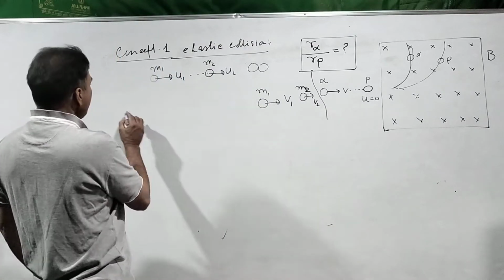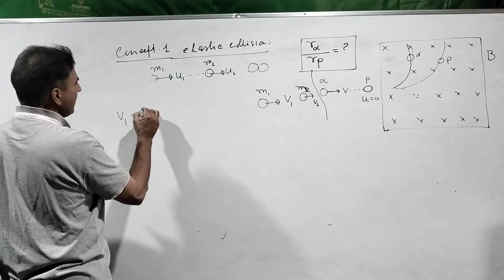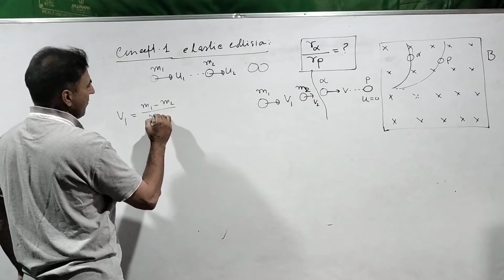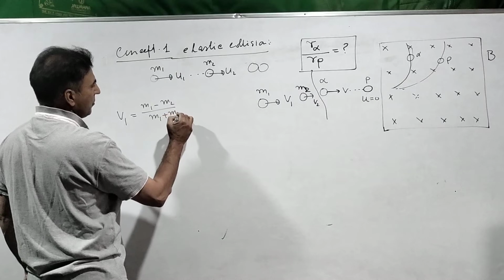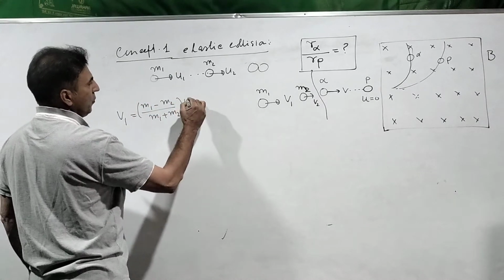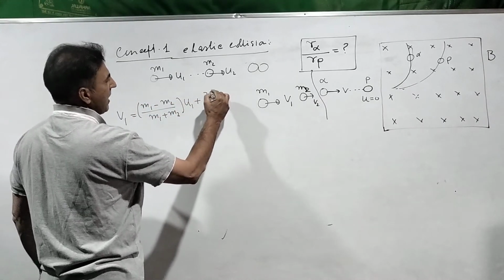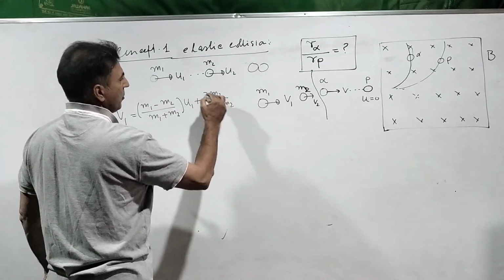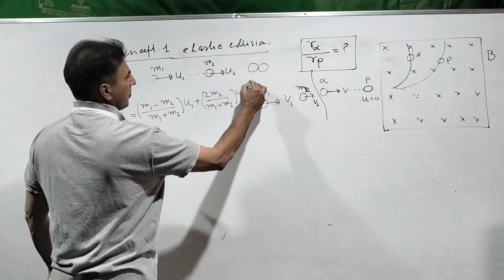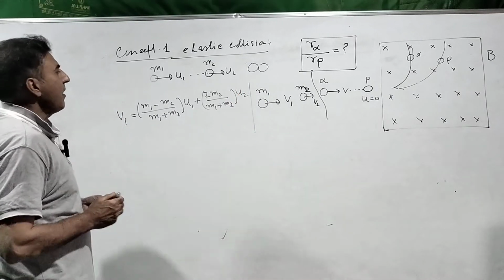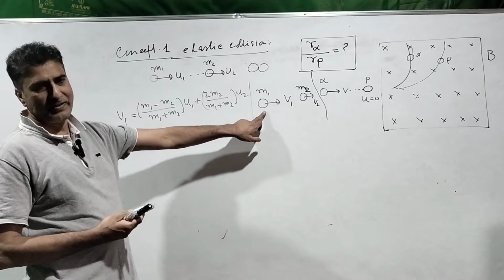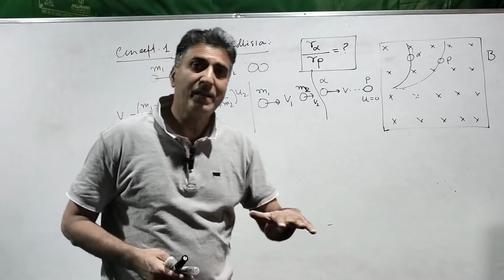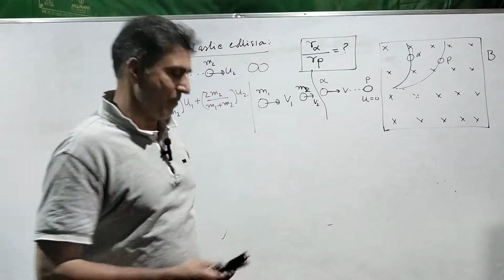So here, what is v1? v1 is (m1 minus m2) by (m1 plus m2) times u1, plus 2 times m2 by (m1 plus m2) times u2. This is the velocity of the first particle after the collision, derived on the basis of conservation of kinetic energy and conservation of linear momentum.